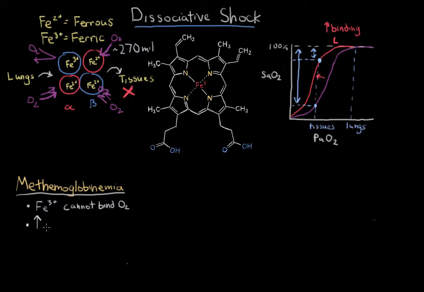So in methemoglobinemia, we see increased ferrous iron binding of oxygen. And as mentioned before, this decreases the tissue perfusion. And so we see a left shift in the oxygen binding curve. So what causes methemoglobinemia?